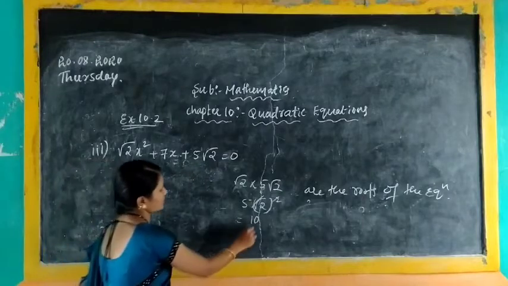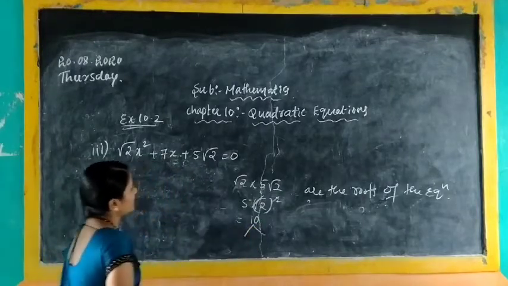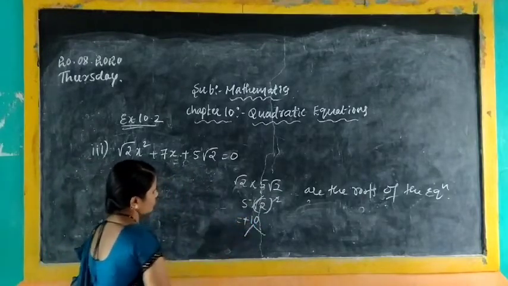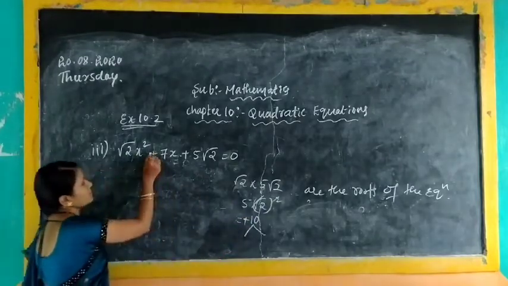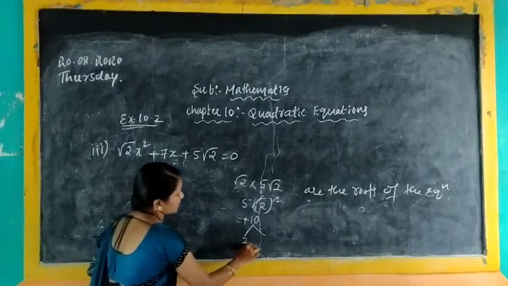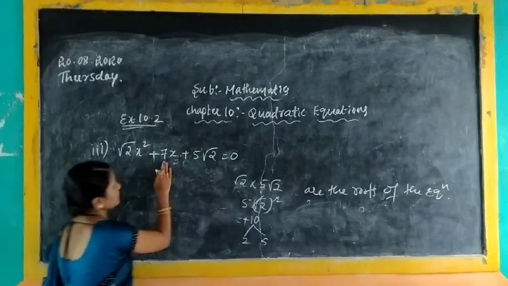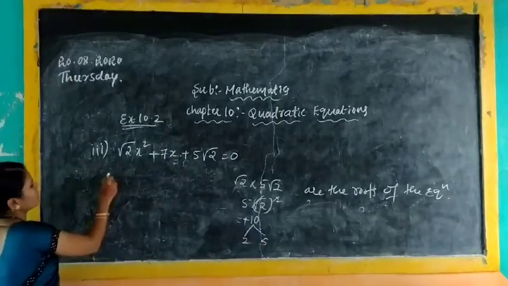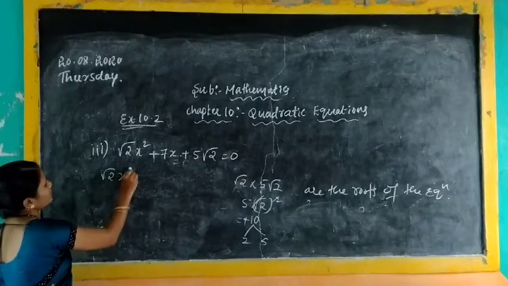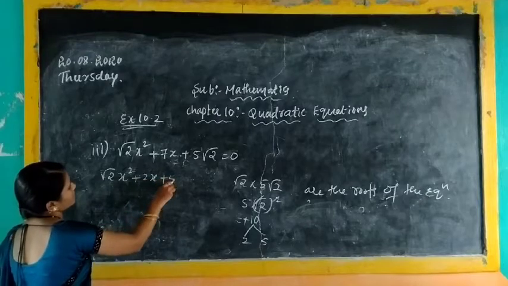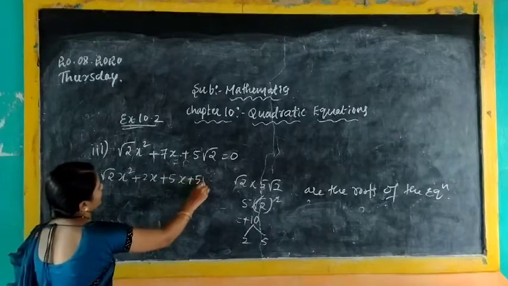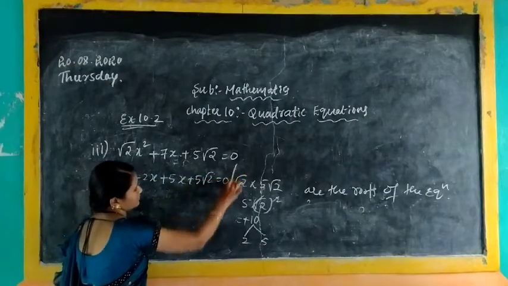Okay. Next, I need plus 10, so which values will I take? 2 5s are 10, 5 2s are 10. Because plus is there, if I take 2 5s are 10, 2 plus 5 will be 7. Same as it is, you have to write root 2 x square, then 2x plus 5x plus 5 root 2 is equal to 0.